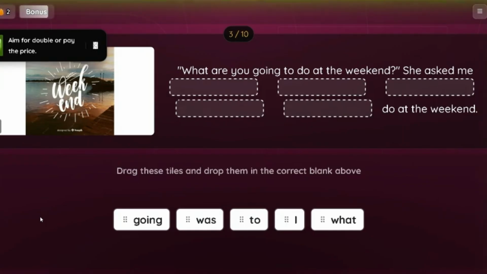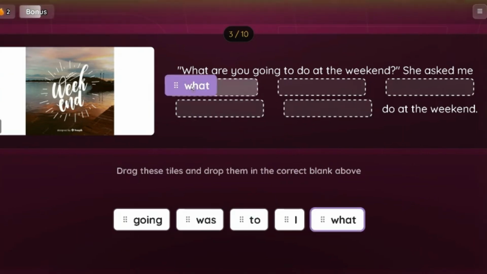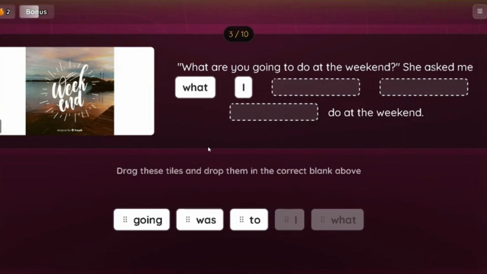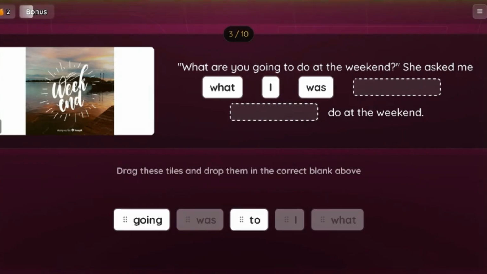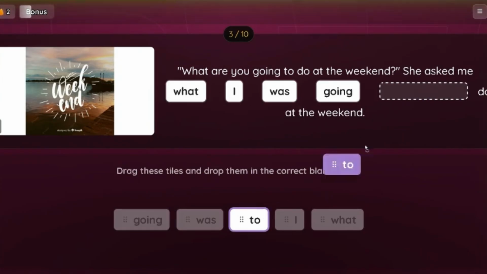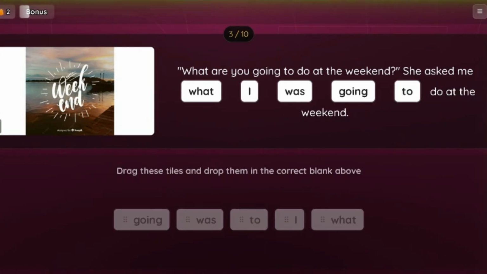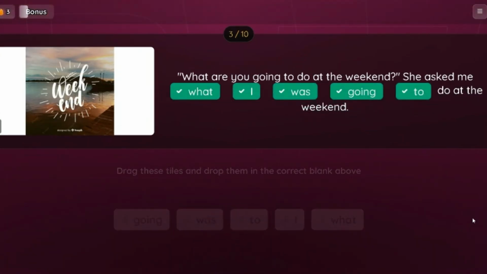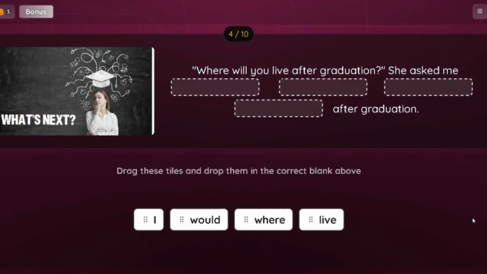She asked me what I was going to do. Is it right? Yeah, excellent. Good job. So be going to, is going to, will be changed into was going to.